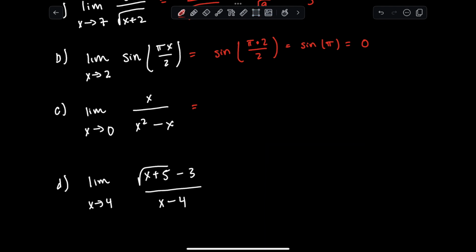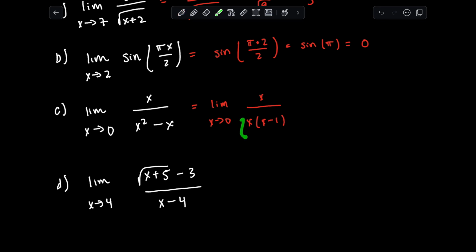Now, you have to get good at recognizing these patterns, but something that we can probably do is simplify the denominator. And so what we'll write is the limit as x approaches 0 of x over x times x minus 1.